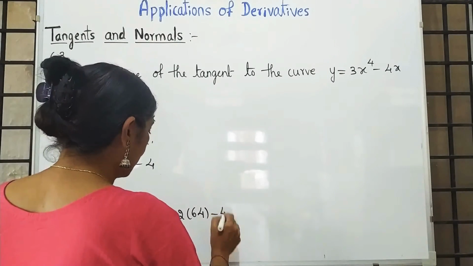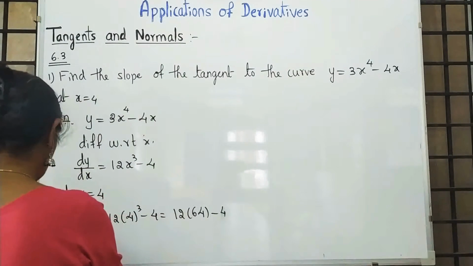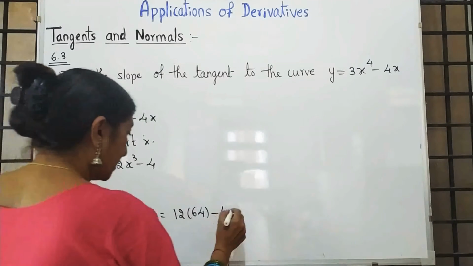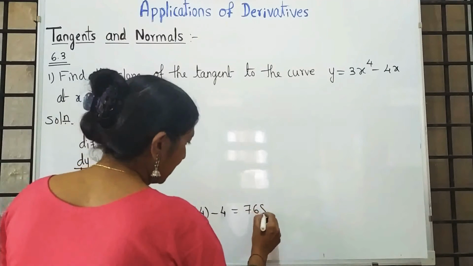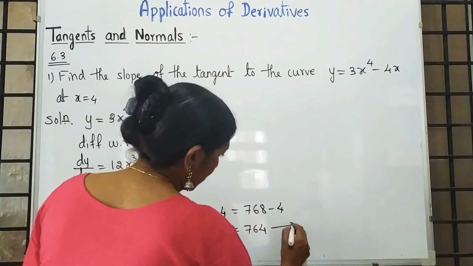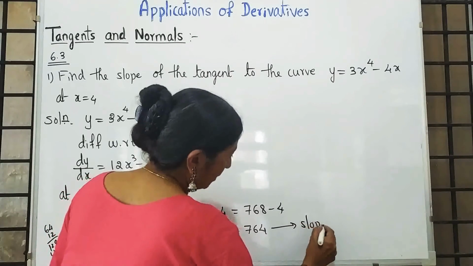It is 12 into 64 minus 4. Multiply 64 into 12. It is 768 minus 4. That is nothing but 764. This is nothing but the slope of the tangent.